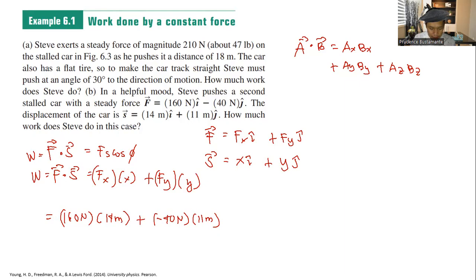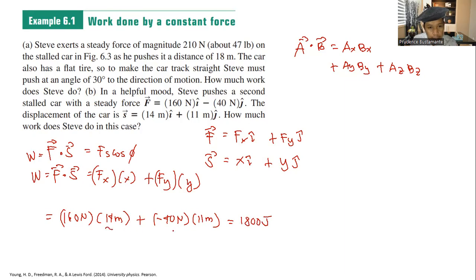If we use our calculator for this problem, we have 160 times 14 plus negative 40 times 11, so our answer is 1,800 Newton meter or joules.